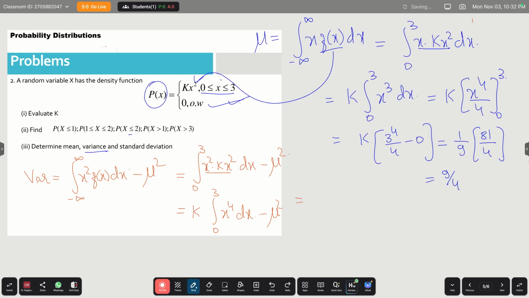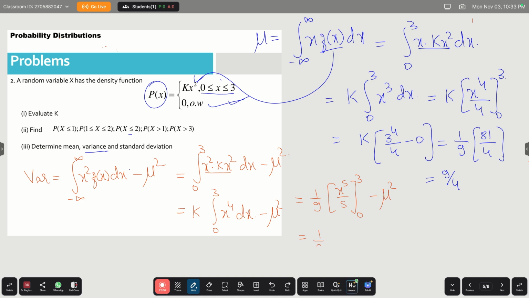You can substitute the k value now itself. It's 1 by 9. The integration of x power 4 is x power 5 by 5, and the limit is from 0 to 3, minus mu square. Let us subtract it later.